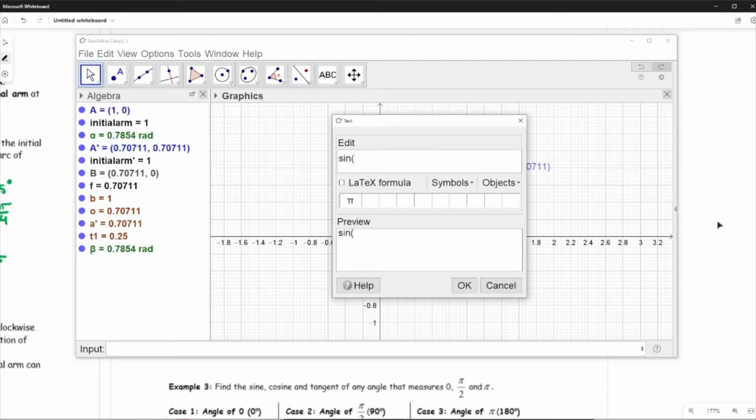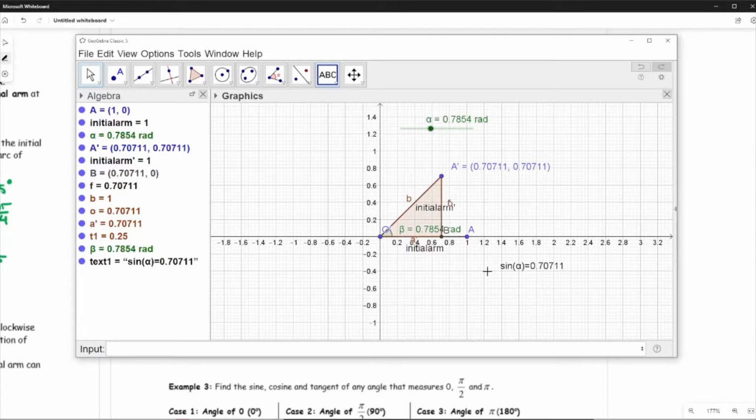Let's type the sine of alpha over here, and then we're going to actually calculate it. Something is interesting here about the coordinate of A prime and the sine of this angle.